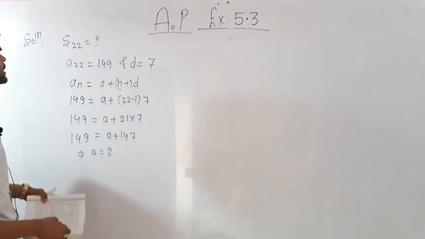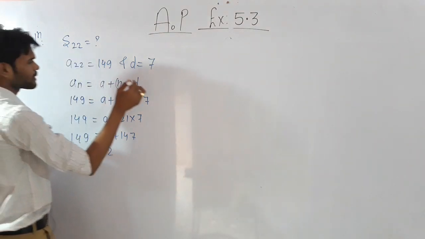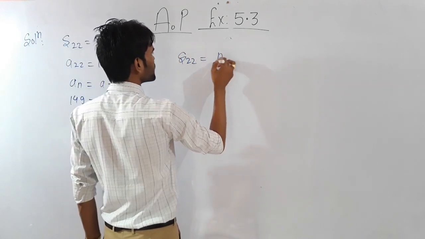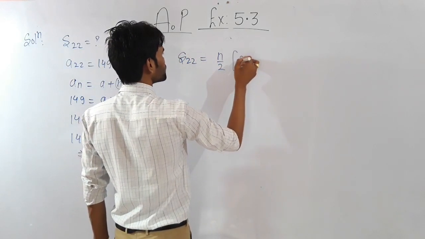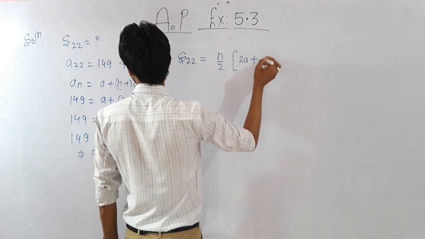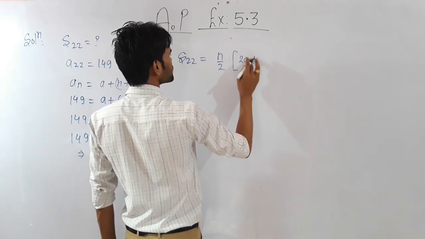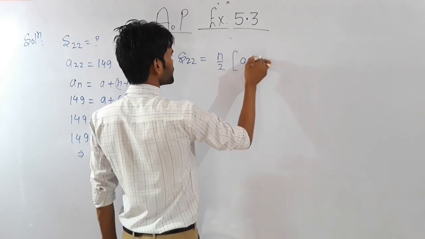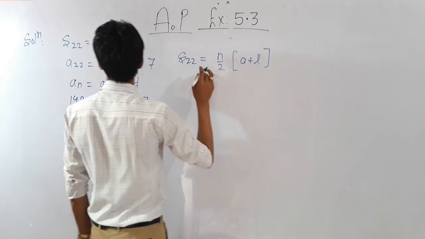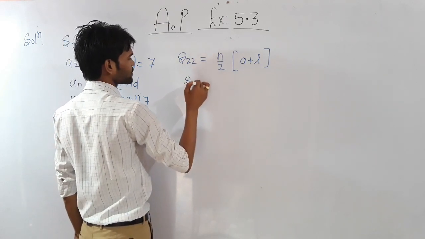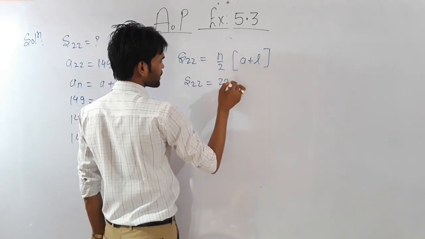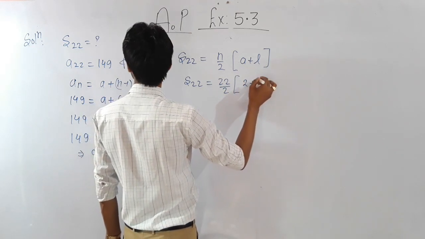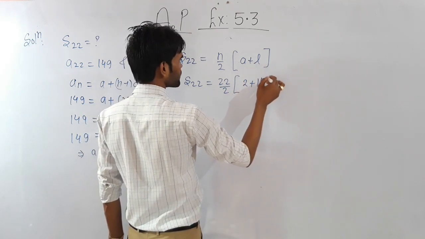Okay, now we need to find sum of 22 terms of the given AP. So you can use the formula S22 is equals to n by 2 into 2a plus, directly use a plus l, because we are given the last term. So S22 is equals to 22 upon 2 into a plus l, a we have obtained 2 and l is here 149.